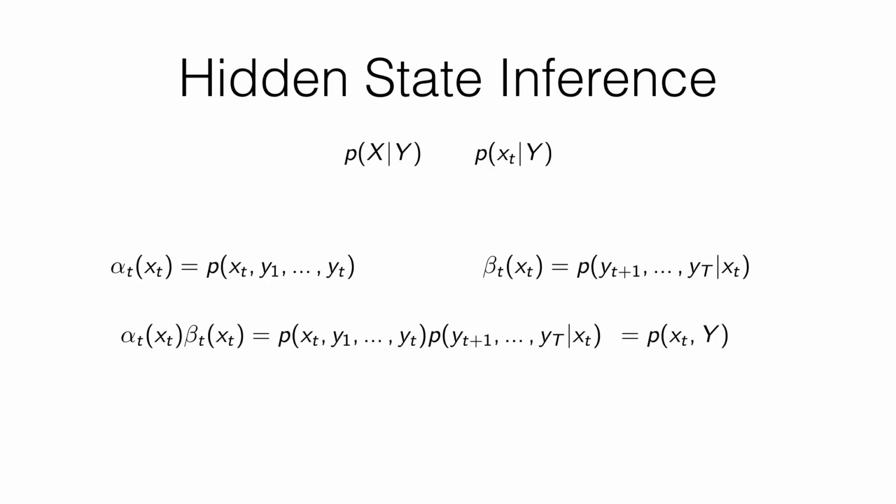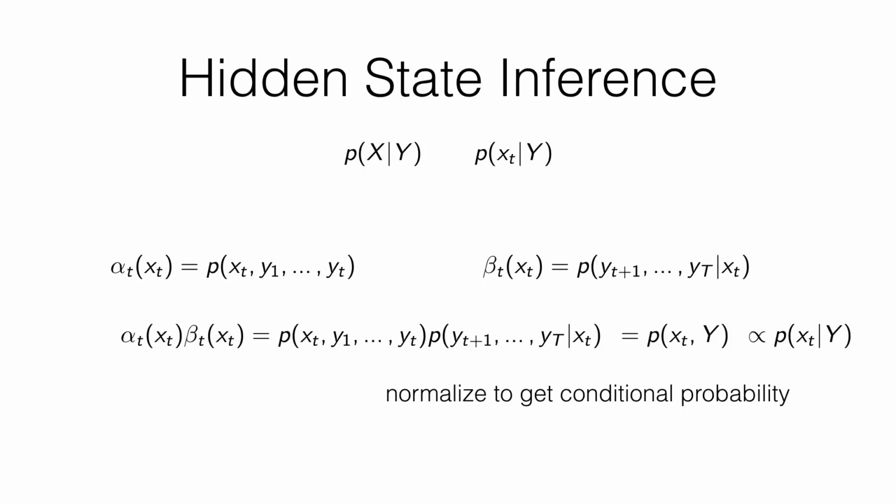And then furthermore, from here we can normalize this expression and realize that this is going to be proportional to the probability of xt given y. We'd have to normalize it because we have to divide out the probability of y, which we can compute by summing over all the x's. So we normalize this and we get a conditional probability.